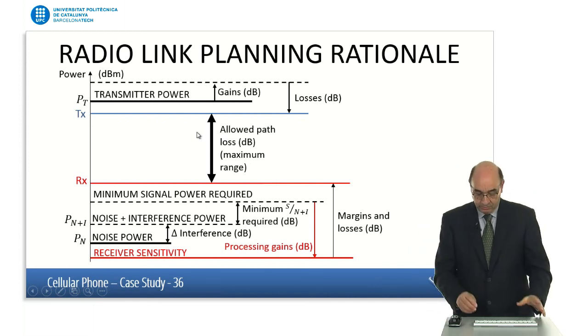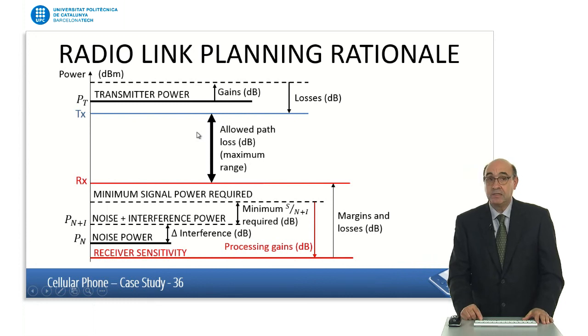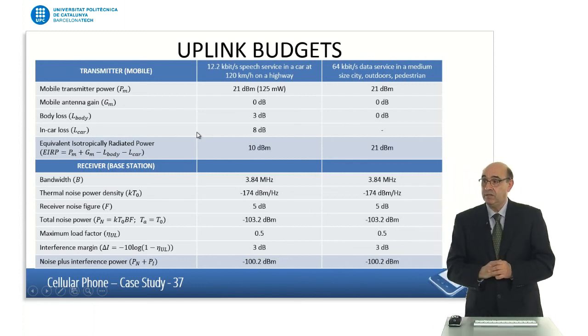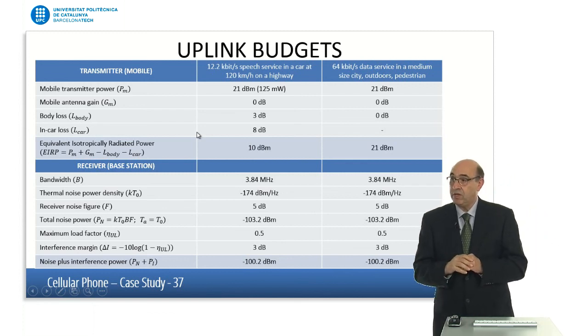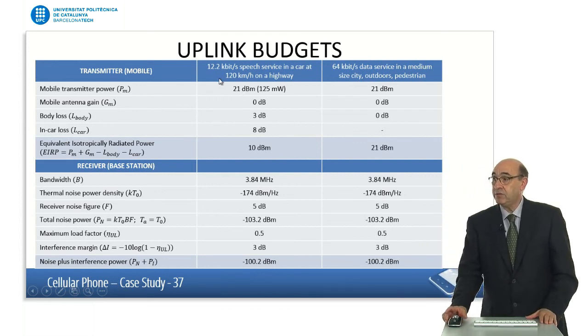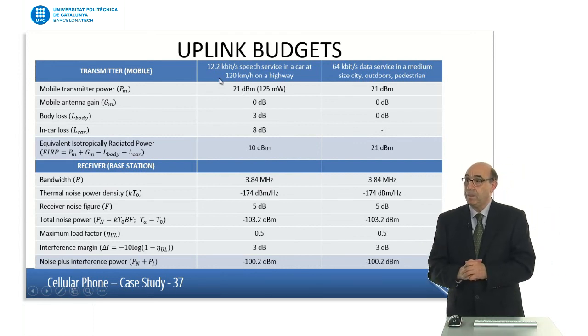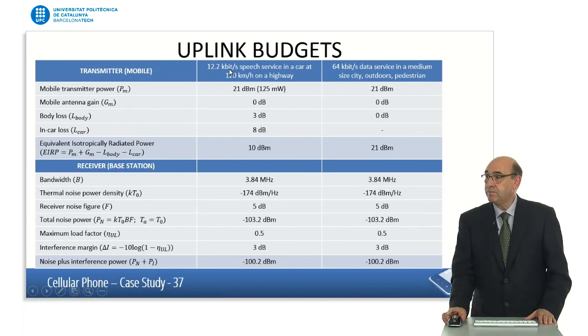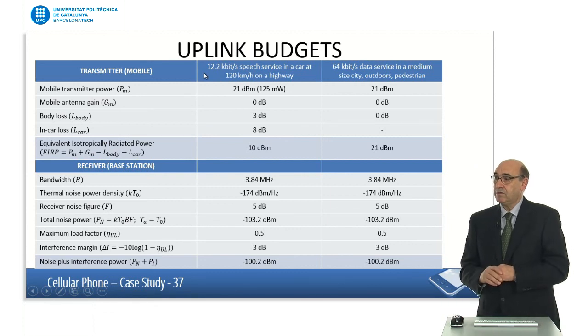Okay, so remember this idea, remember this schema, and we are going to apply this to the uplink. And I'm considering here two different situations. The first one is you are in a car on a highway driving at 120 kilometers per hour, and you are going to make a phone call at 12.2 kilobits per second.